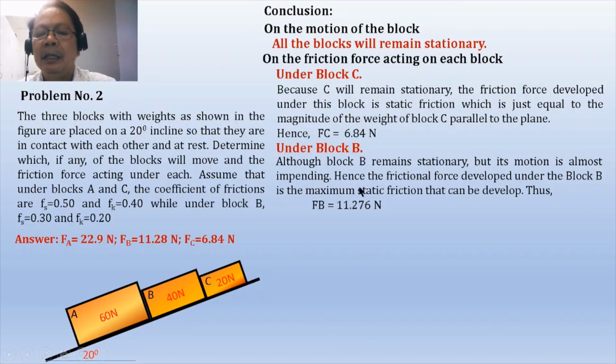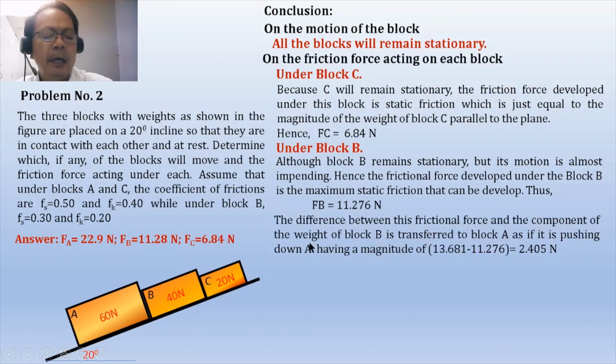Hence, the frictional force developed under B is the maximum static friction that can be developed, and that is equal to 11.276. And the difference between the component of the weight, which is 13.681, and this frictional force developed, is being transferred to block A. Ito yung itinutulak ni block B papunta kay A. And there is a difference of 2.405.